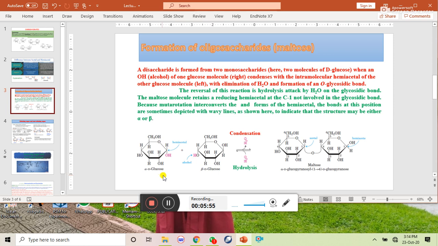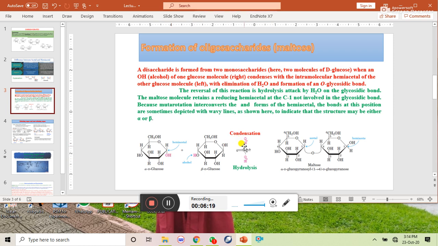When alpha glucose combines with beta glucose, the reaction is called a condensation reaction. In the condensation reaction, water is eliminated. Here you can see OH from here and H from here combine together to form water.